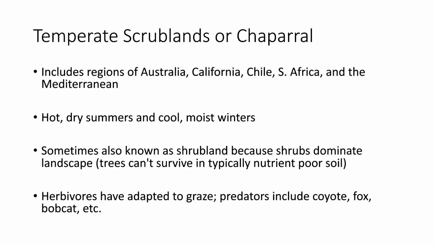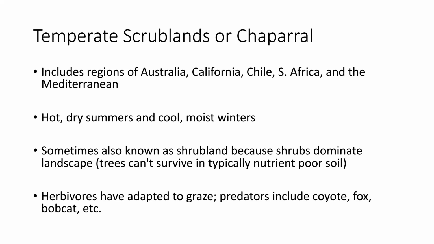And then with these, like I said, the predominant plant is just going to be shrubs, just because the soil isn't going to be nutrient rich enough to support large trees and things like that. But because we see all of these different types of shrubs, what we're going to see is a bunch of different herbivores.